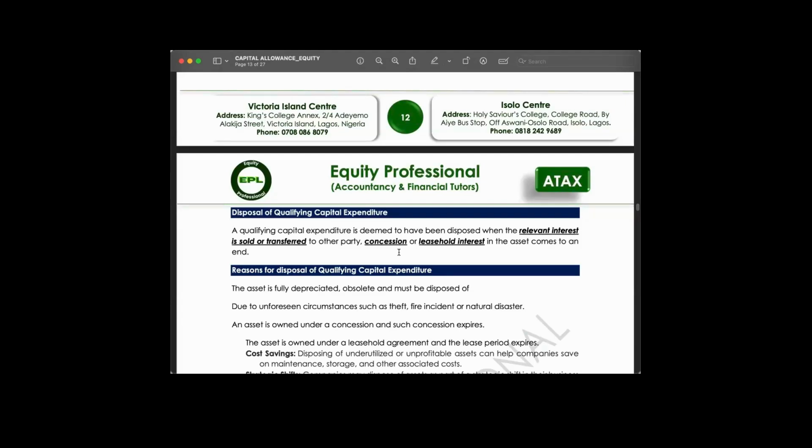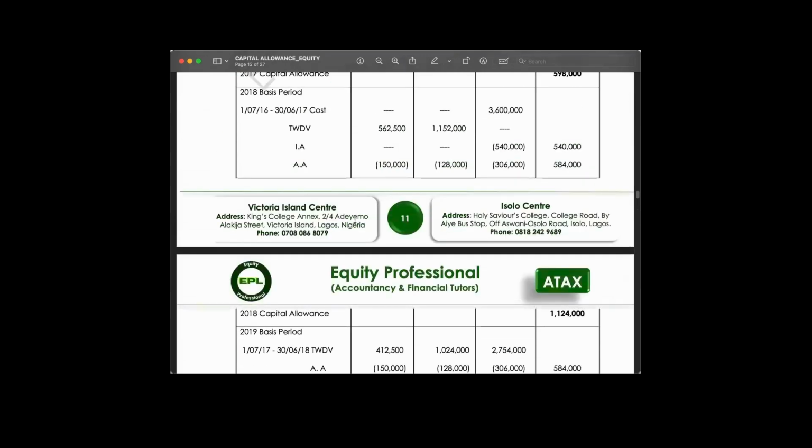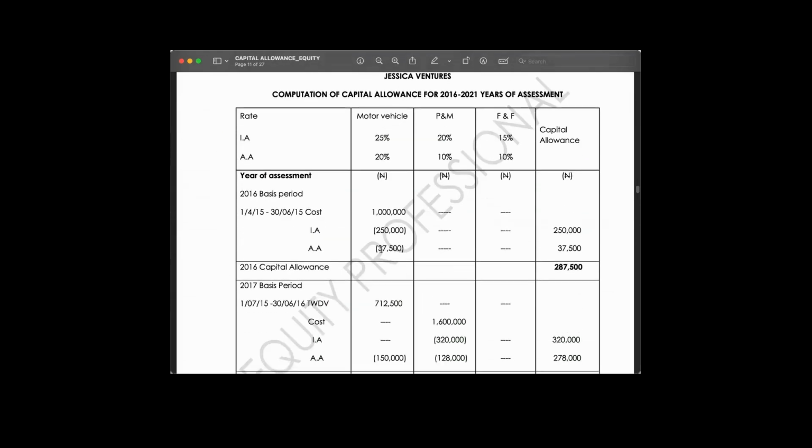In that first year we had 3 months, which amounted to 37,500. So in the second year, when you deducted it, you have your tax written down value as 712,500.